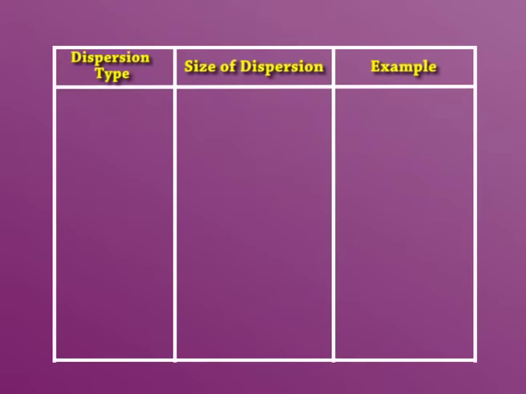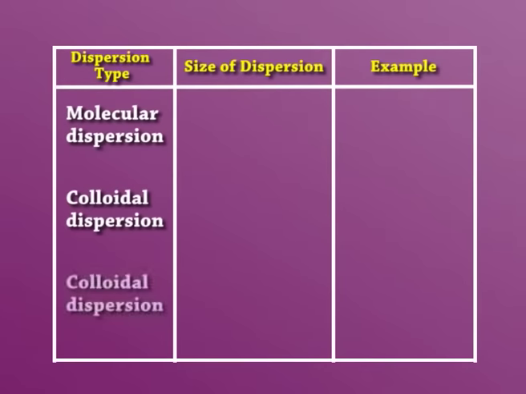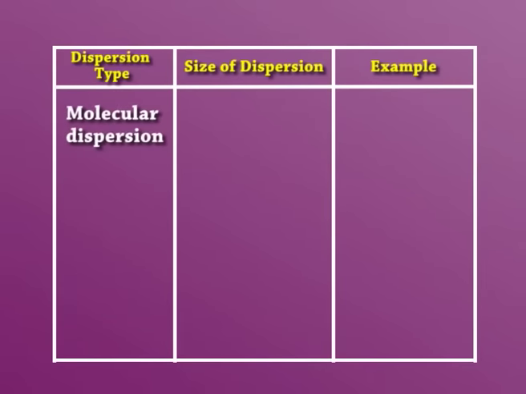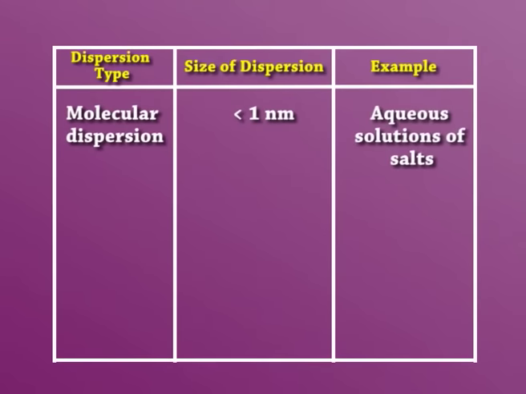The table in front of you is showing the classification of dispersed systems based on the particle size. It is divided into three types: molecular dispersions, colloidal dispersions and coarse dispersions. The basic difference between those sizes: molecular dispersions are less than 1 nanometer, for example aqueous solution of salt.